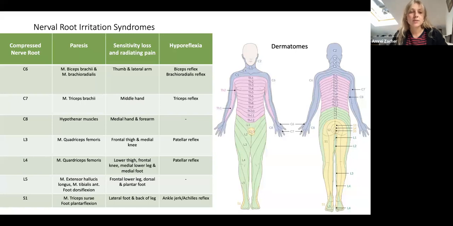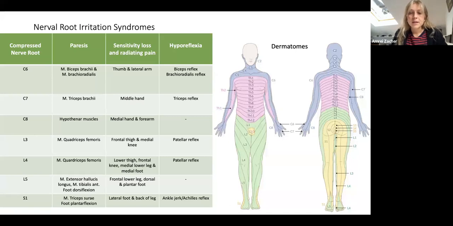So if we talk about C6 syndrome, the paresis would be in the muscles of the biceps brachii and the brachioradialis. The sensitivity loss you can see here would be on the lateral arm and especially the thumb, and the hyporeflexia would be in the biceps reflex and the reflex of the brachioradialis.